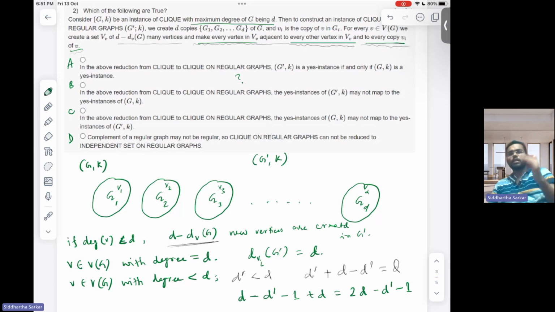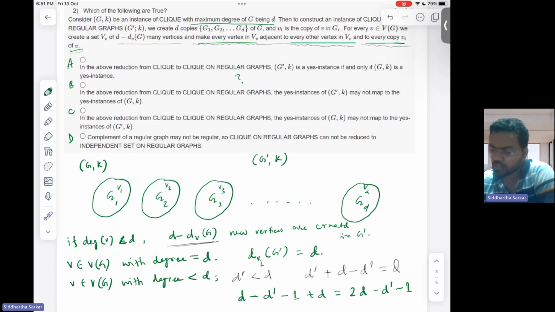So they are just adding edges between every vertex of V sub V and each copy of Vi. So the new vertices among themselves don't form a clique. From one new vertex, there is an edge to a copy of the vertex. So for every copy there are edges, so D edges. Therefore, the graph remains regular.